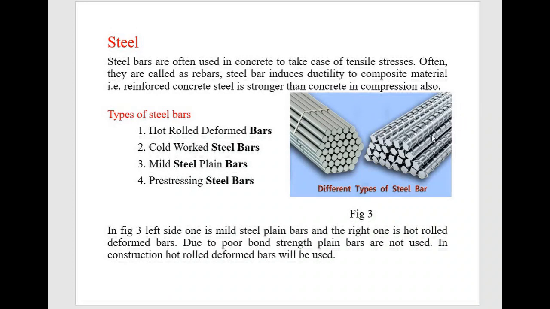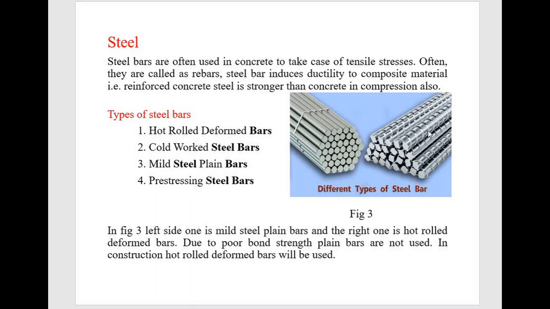In this kind of steel, you can observe it has a rough surface and threading on it. Because of these threadings, there will be interlocking of the concrete and the steel. It gives better bonding than mild steel, and it gives good strength for concrete.